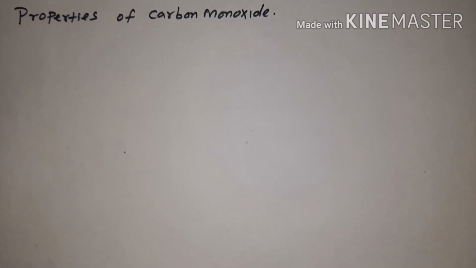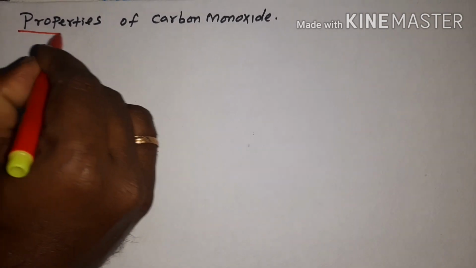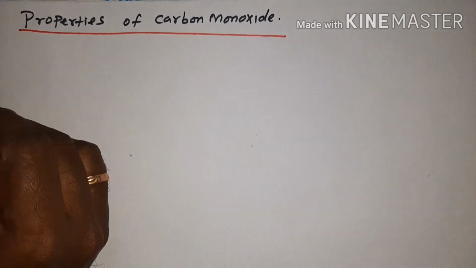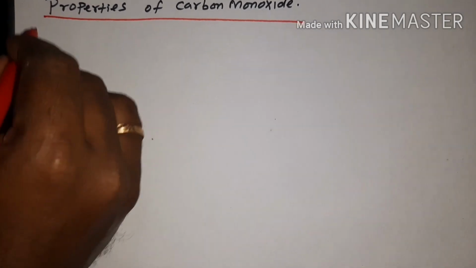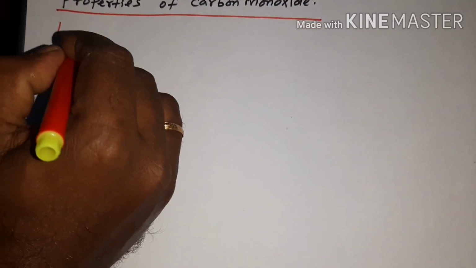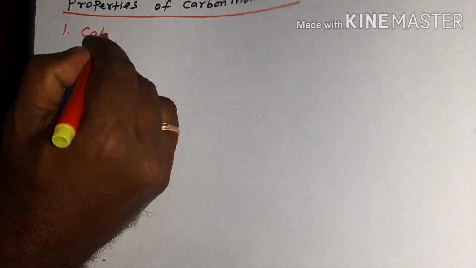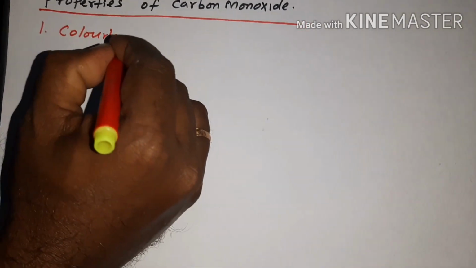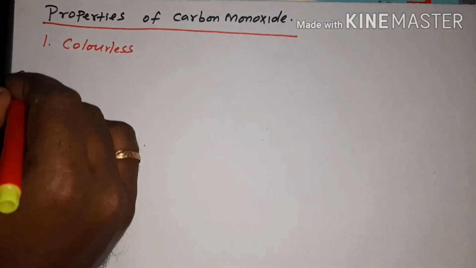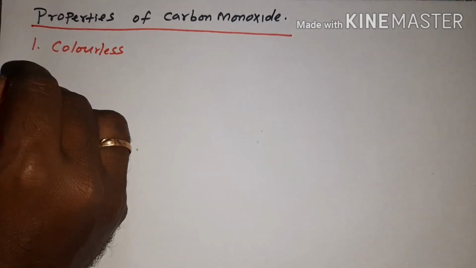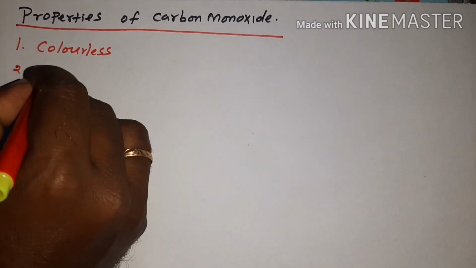Now the properties of carbon monoxide. See, carbon monoxide is a colorless gas. Then it is odorless.